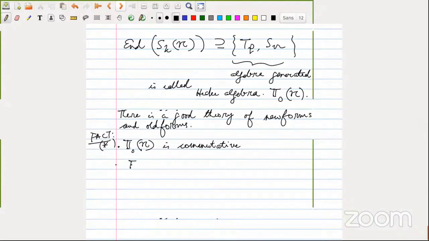So that allows us to diagonalize, for the same reason as we have in the case of elliptic modular forms.